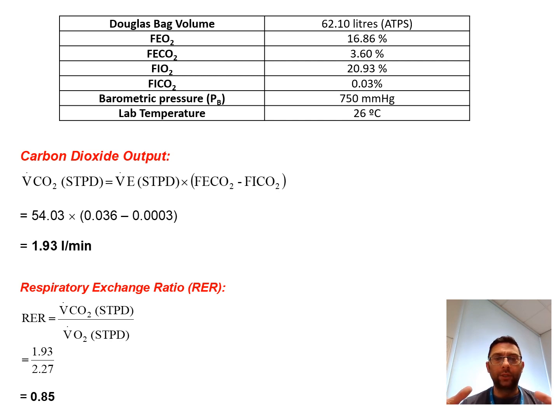The lower the RER value, the more it indicates you're burning predominantly fats. Mid-80s is mixed fuel substrates, fats and carbohydrates, and above, I think, 0.9, is burning exclusively carbohydrates.